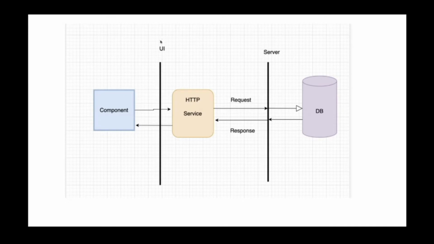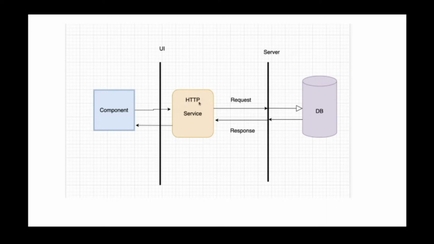If you can see my screen, here my user is present. My user is using the component, and the user wants to send some request to the server. Let's say DB is one part of the server, the storage part of the server. So here we have the service module. For the service module session, you can see my last video, you will get more idea about it. So here my HTTP is present.